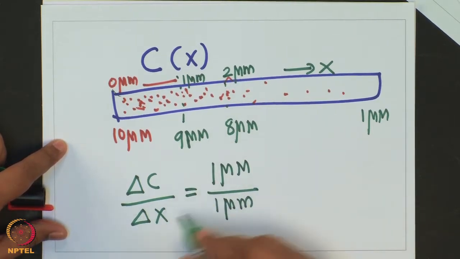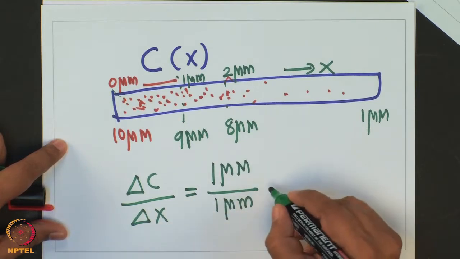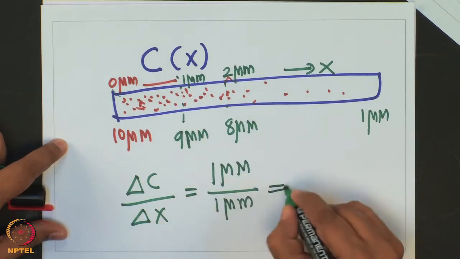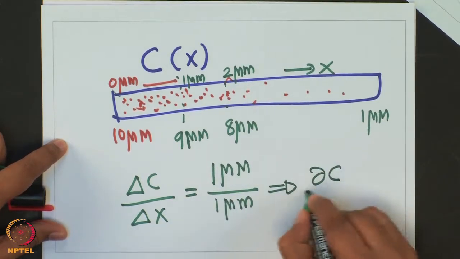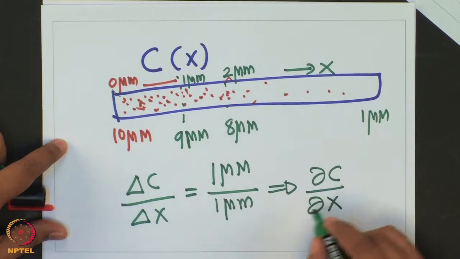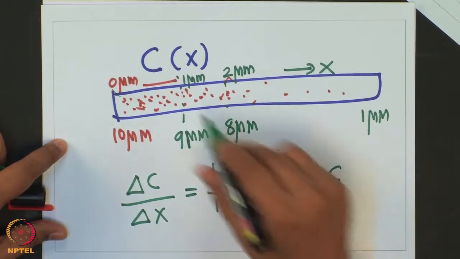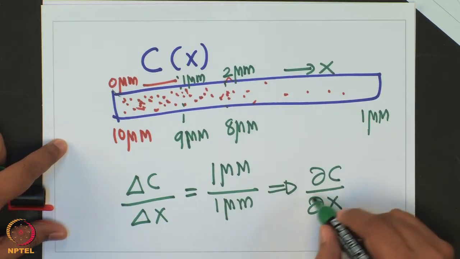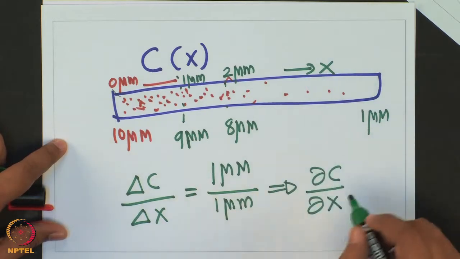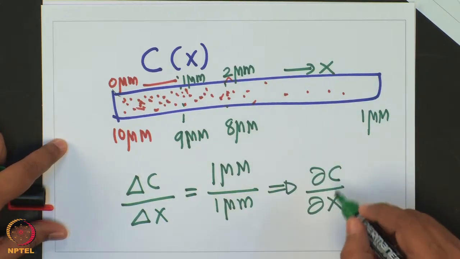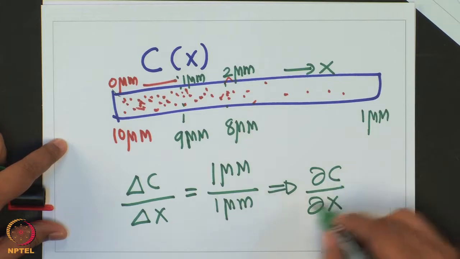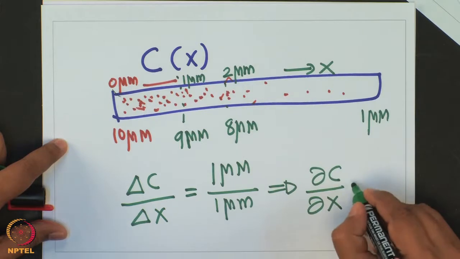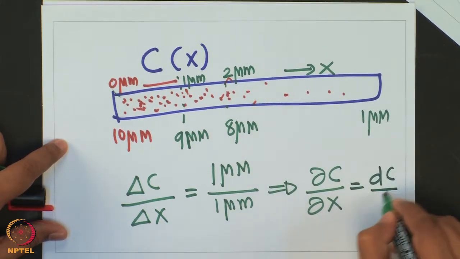This is the change in concentration, and when I take very small delta x, I can write this as del C by del x, where del here is a partial derivative, which means the concentration is varying only with respect to x and not with respect to y, z, or t or anything. So this is only with respect to x. Here, since we have nothing else, this can also be written as dC by dx.